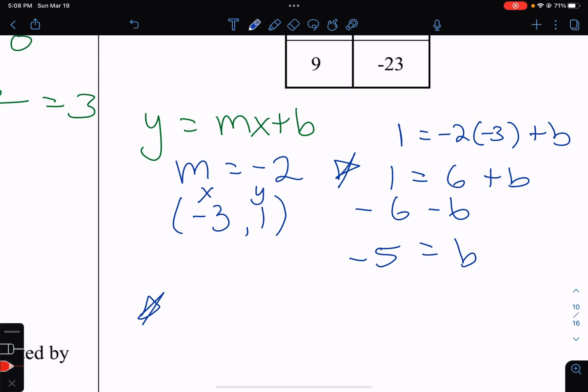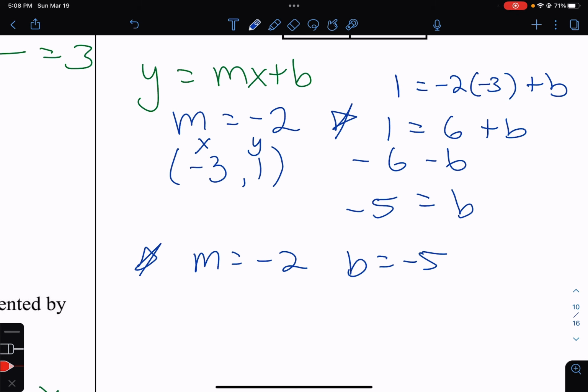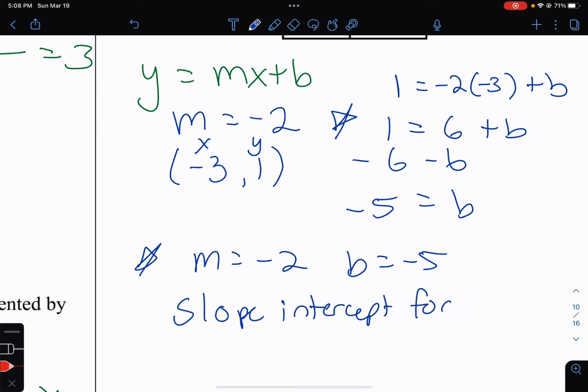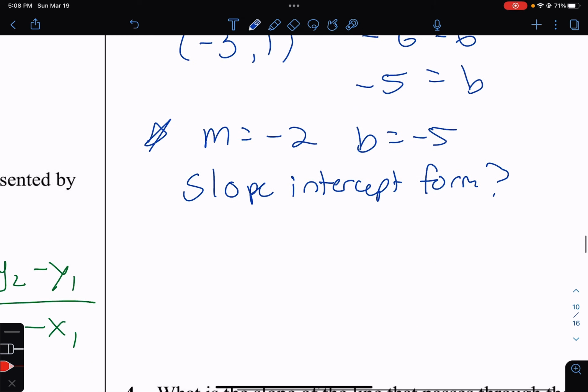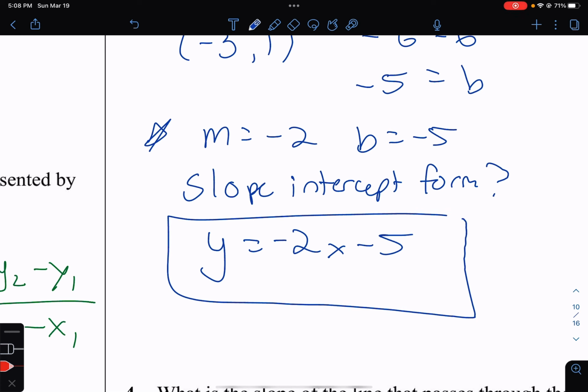So if m equals negative 2 and b equals negative 5, what is the equation of our line in slope-intercept form? That is going to be y equals negative 2x minus 5.